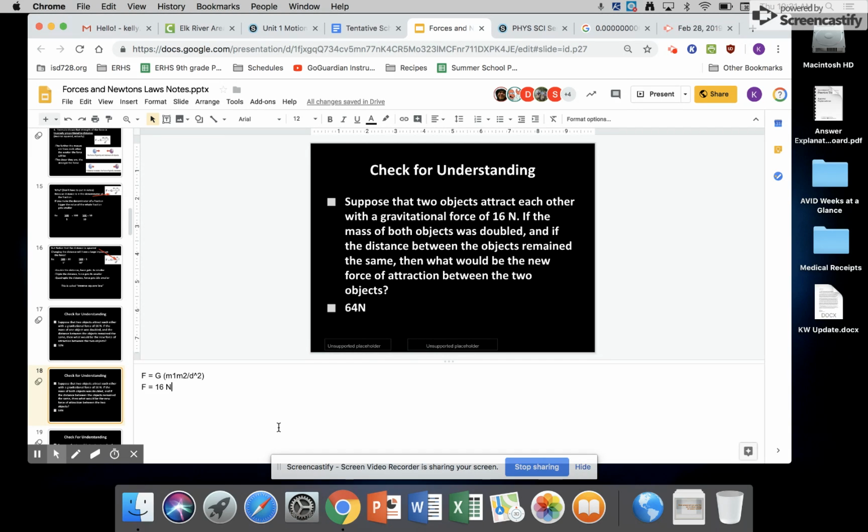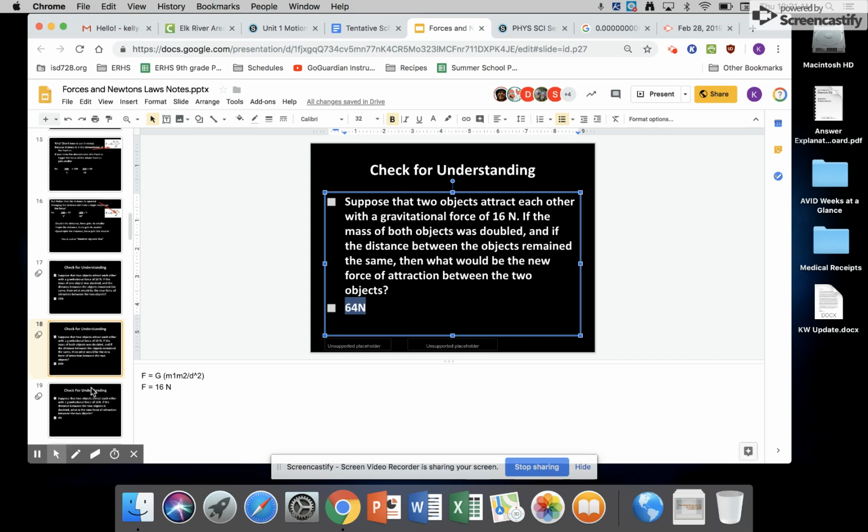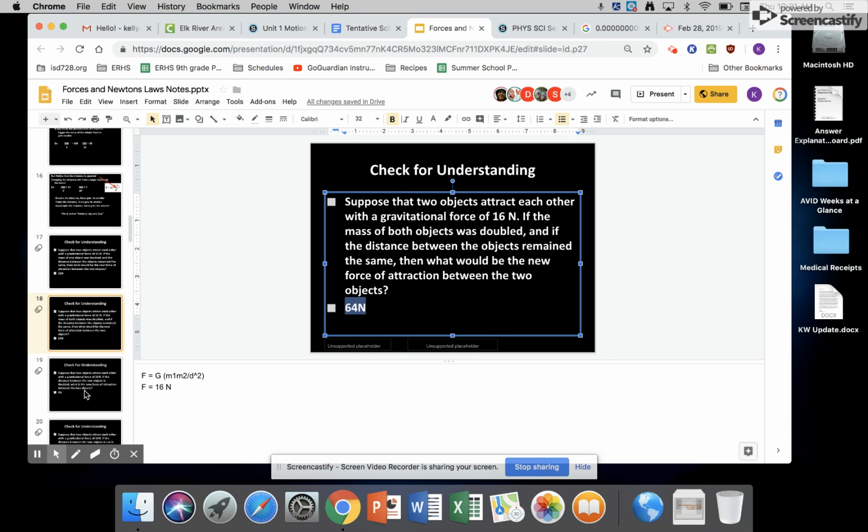Well, if you double both, we're really quadrupling the overall number. Doubling both masses, which are in the numerator of this equation, quadruples the overall answer. So 16 times 4 gives us 64 newtons. So it's a much stronger attraction when the masses are larger.